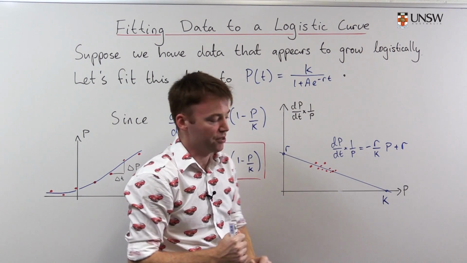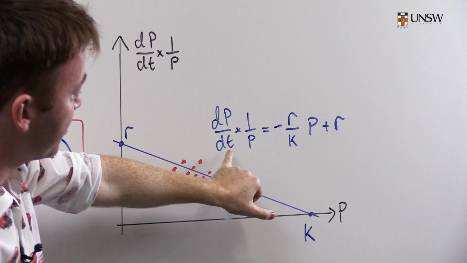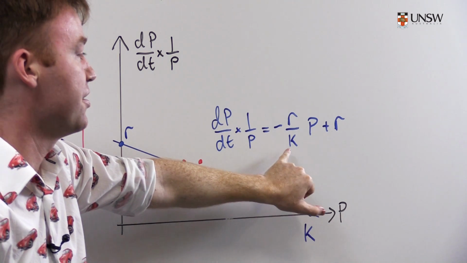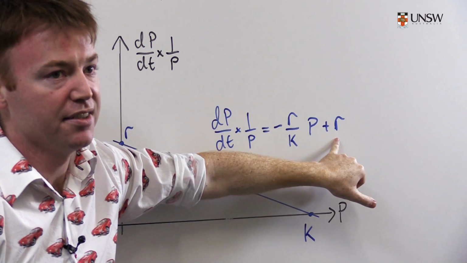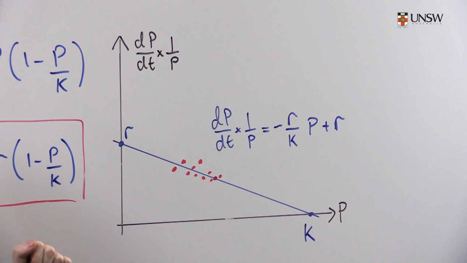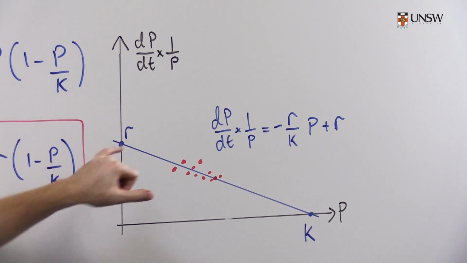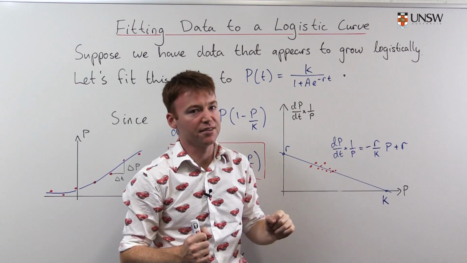It tells us something else though. Because this function dp dt divided by p is actually just some gradient times p plus some y-intercept, I can take my straight line approximation to this data and just read off what the values of r and k should be. Excellent. So we've got two things.